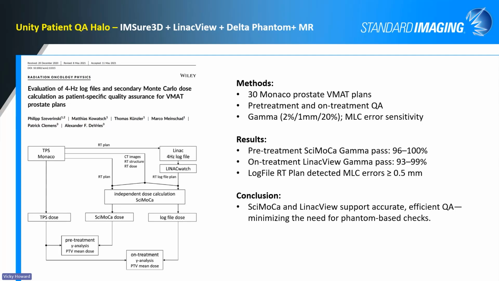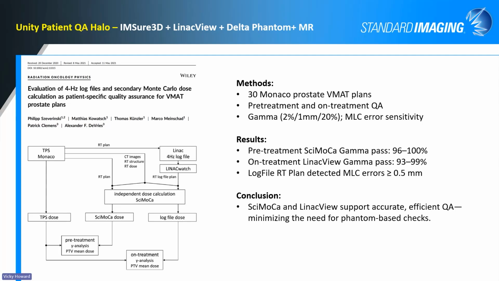And what they found here were the results for the pre-treatment SIMOCA gamma passing rate was 96 to 100%. On treatment, LinacView gamma pass rate was 93 to 99%. And the log file RT plan was able to detect errors that they introduced into the plans greater than 0.5 millimeters.